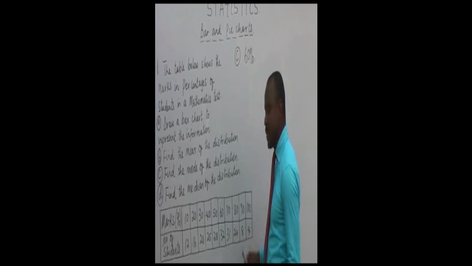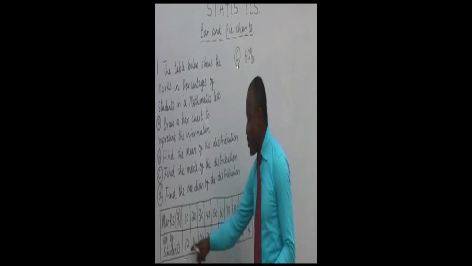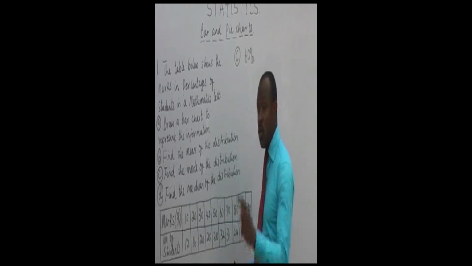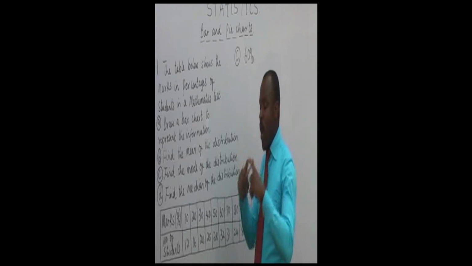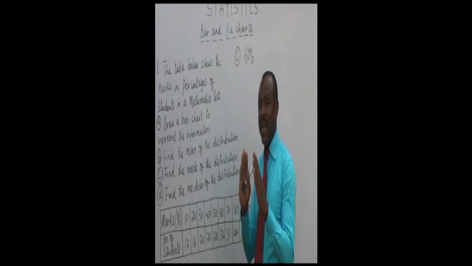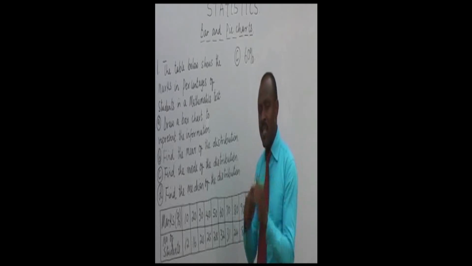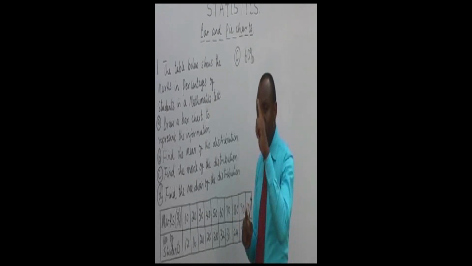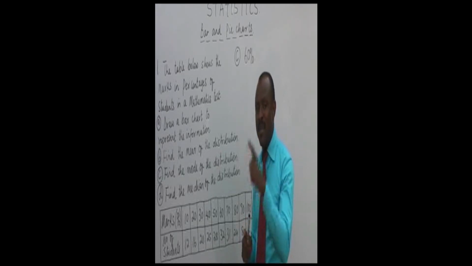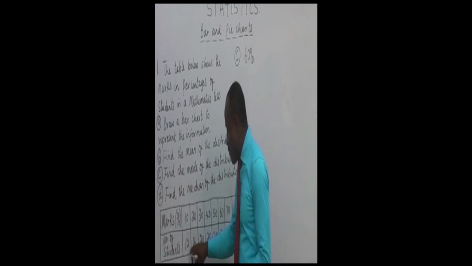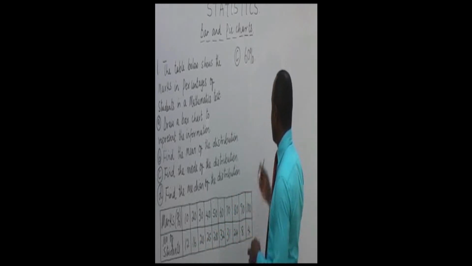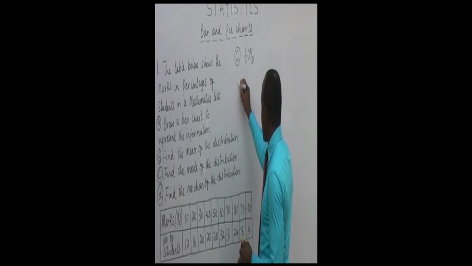The number of students that participated is 200, which means the midway is 100. When you are adding, whenever you get a number that is 100 or closest to 100, whichever mark you are at that point becomes the median mark. Just like saying 12 plus, this is question number D that we are solving now.